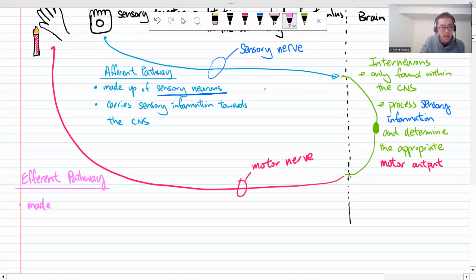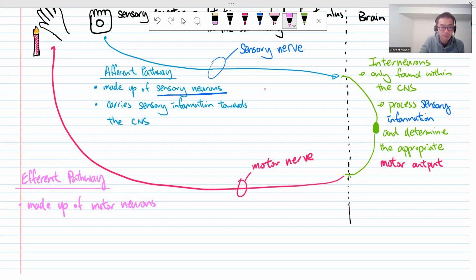This is made up of motor neurons. And the motor neurons carry motor information from the CNS to effectors.